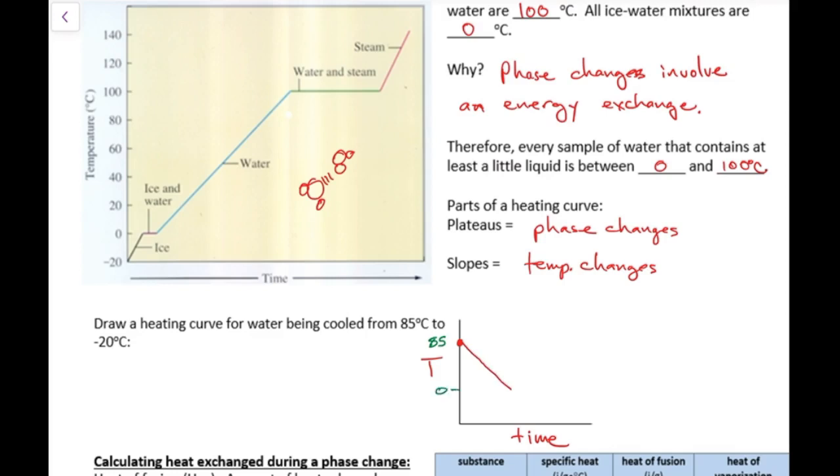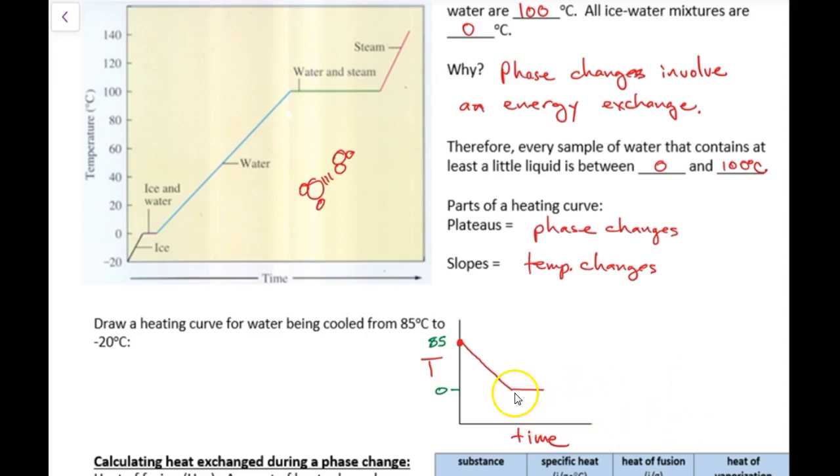Okay, so you should have said 0, right? And then it's not going to just continue to go down, it's going to plateau because the freezing process is going to release some energy. It's the opposite of melting. So melting absorbs energy, freezing is going to release energy. It's going to be exothermic. Okay?